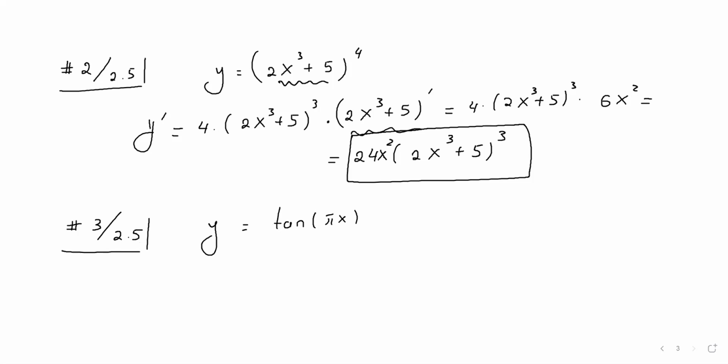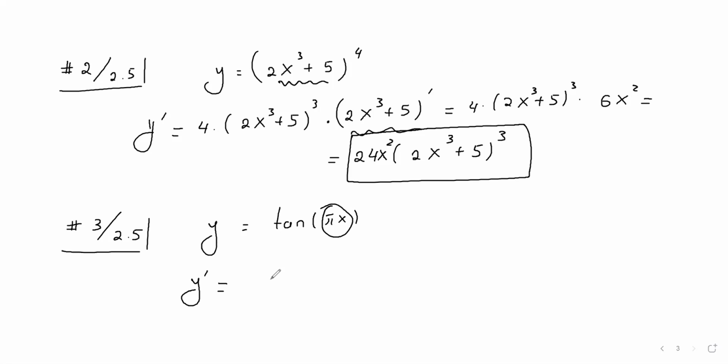All right, so when you have tangent of pi x, we are going to say the derivative. Look here, the same structure. So if we had tangent of x here instead of pi x, the derivative would be secant squared x, right?